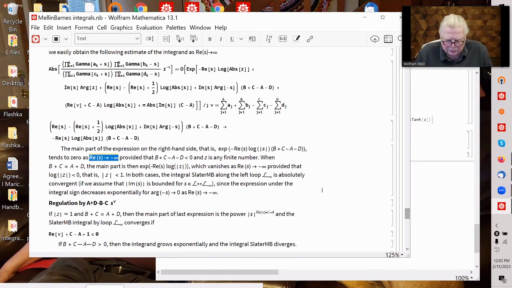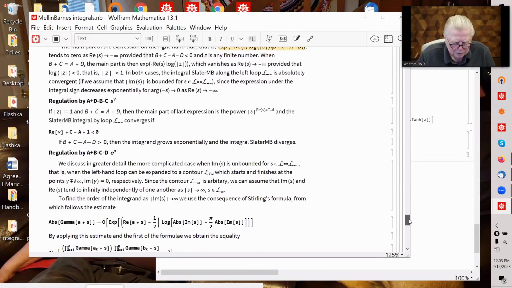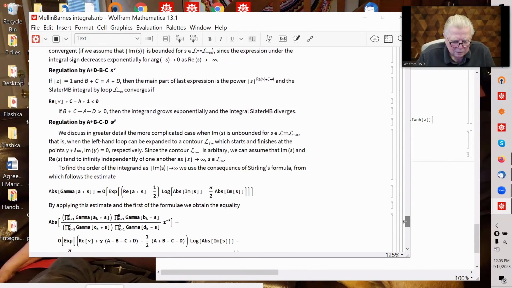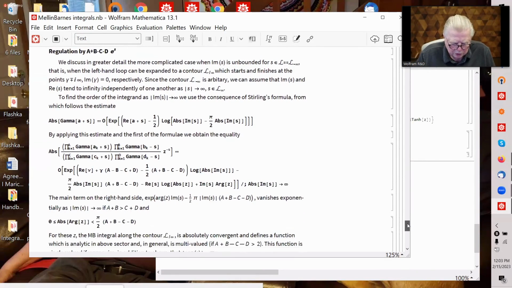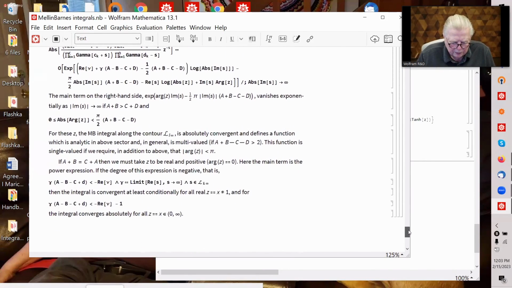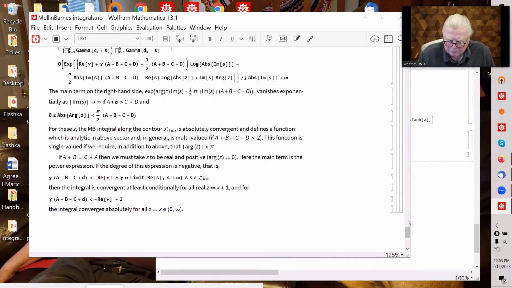But what happens if this coefficient is zero? If this coefficient is zero, we have the situation which you see here. I will not go into detail because it is interesting for those who have interest in this.